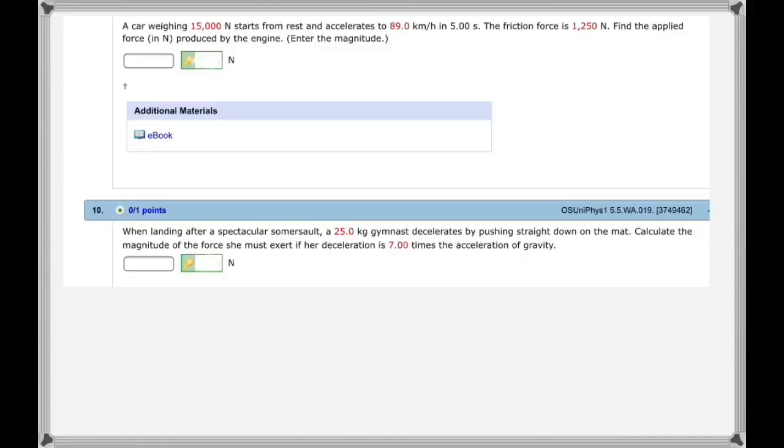And here you have a car weighing 15,000 newtons, starting from rest, accelerating, friction force is given. Find the applied force in newtons produced by the engine. Find the acceleration using this formula. Of course, 89.0 kilometers per hour has to be changed into meters per second.